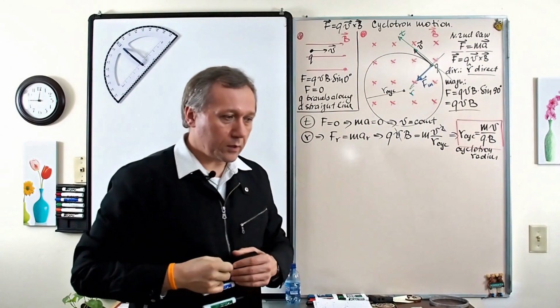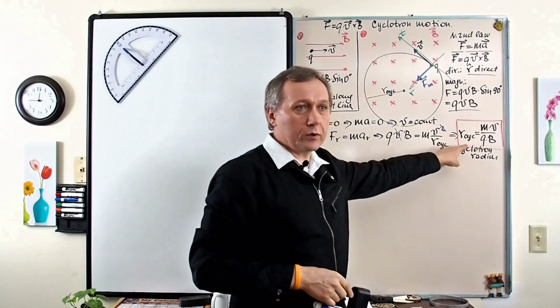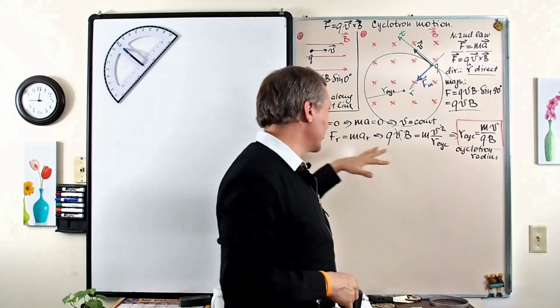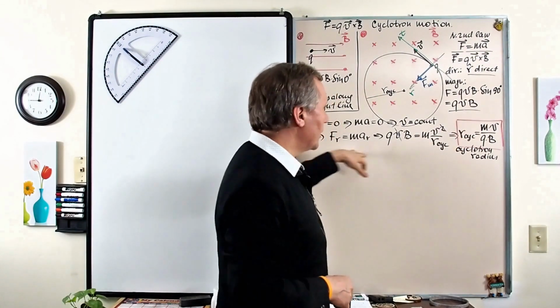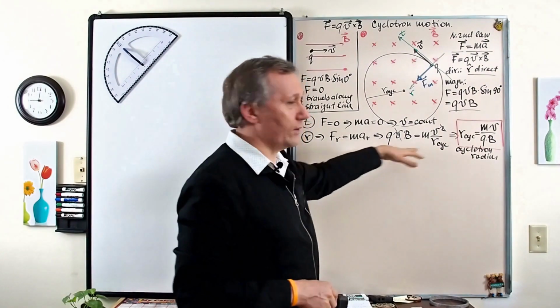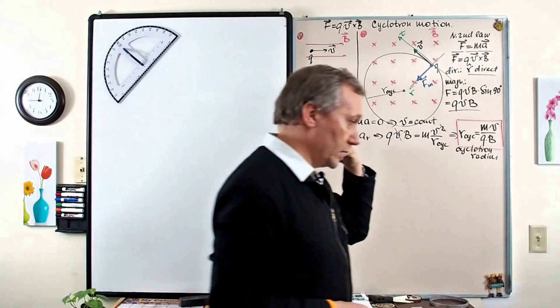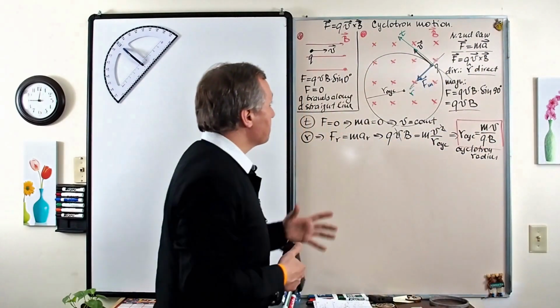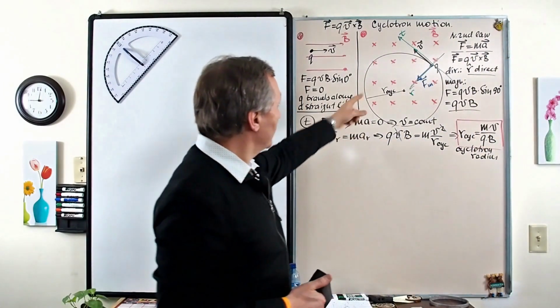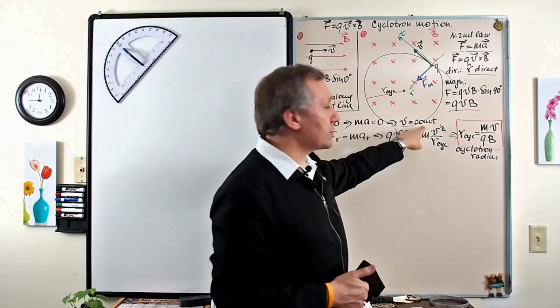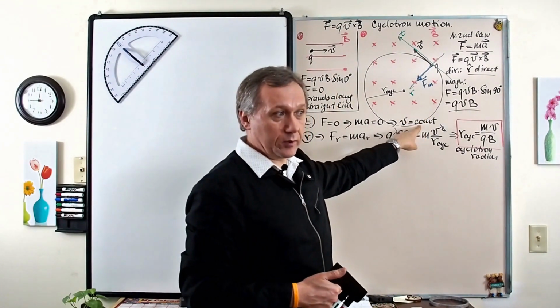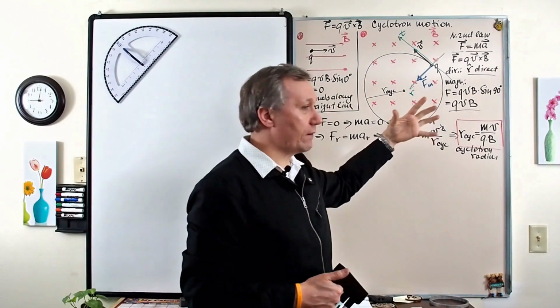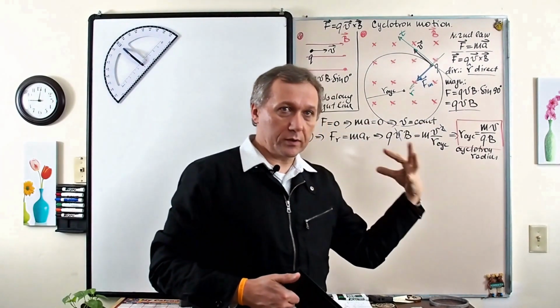Usually I don't give this formula on a formula sheet on the exam. Every time I expect students to get through this half-a-line derivation. It's quite simple. So as a result, we have circular motion with constant speed of the particle. So we have uniform circular motion.